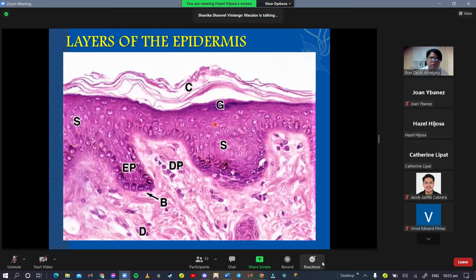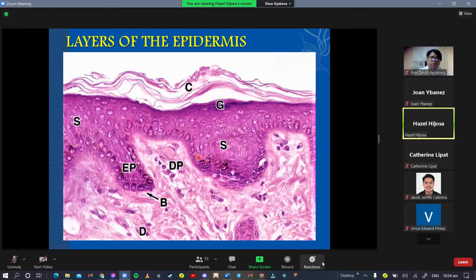Because the superficial layers are composed of flattened cells. Yes. This is one of the common examples of stratified squamous epithelium, but here it is keratinized. The epidermis is avascular, so nutrition is by diffusion of substances coming from the underlying capillary network located in the dermis.